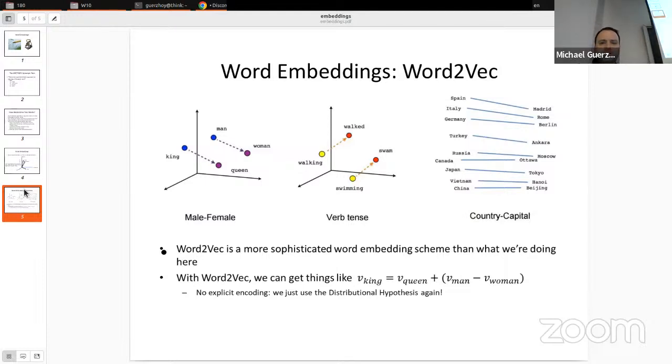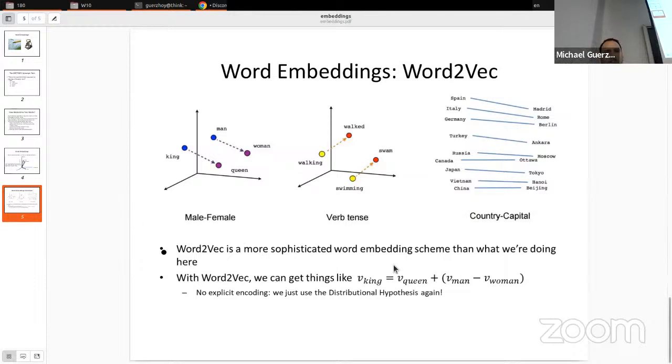This was like 10 years ago. What people found is that if you do embeddings using word2vec, which is a different algorithm from what we are doing but the same principle, you can do this kind of weird math with the word vectors that you obtain.